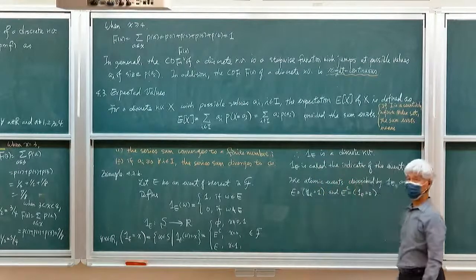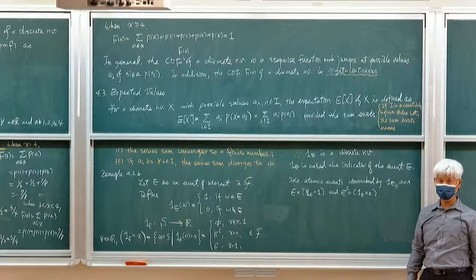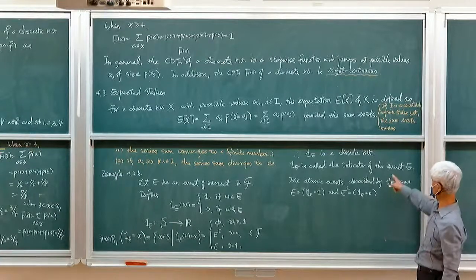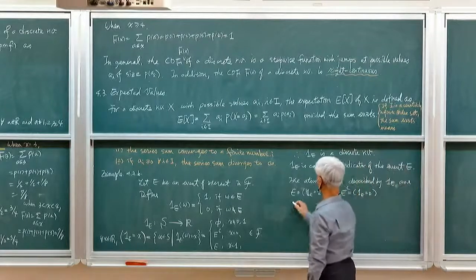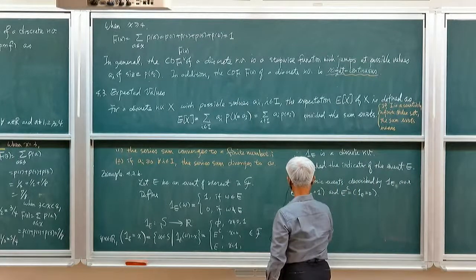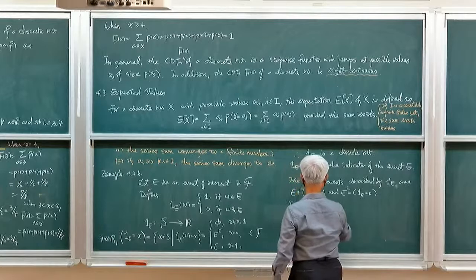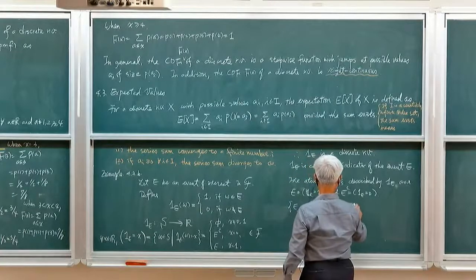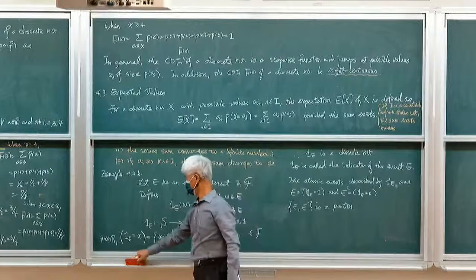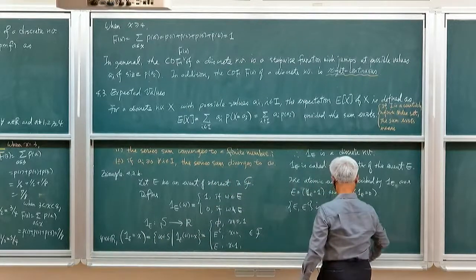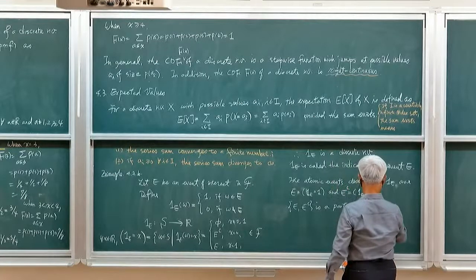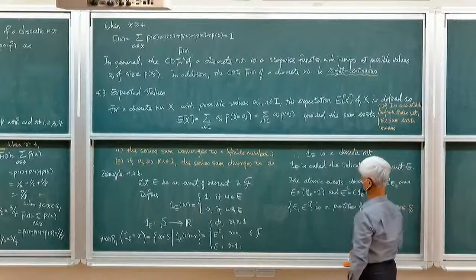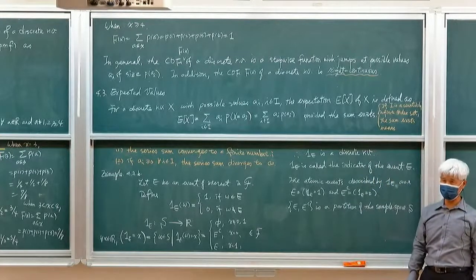So there are only two atomic events associated with the indicator of event E. And you can see that E and E complement form a partition of the sample space.